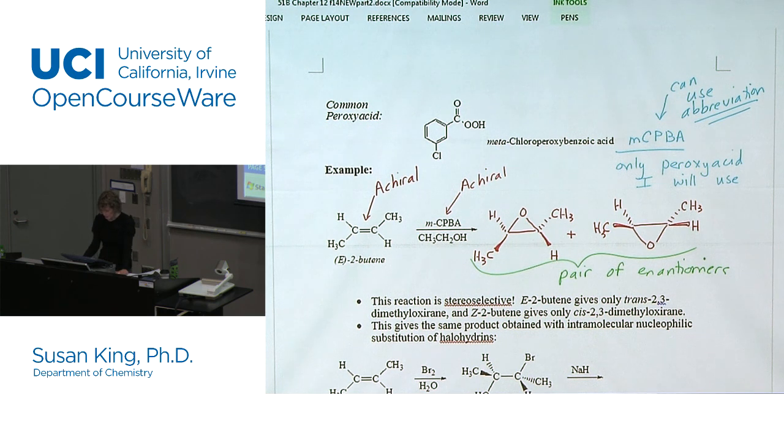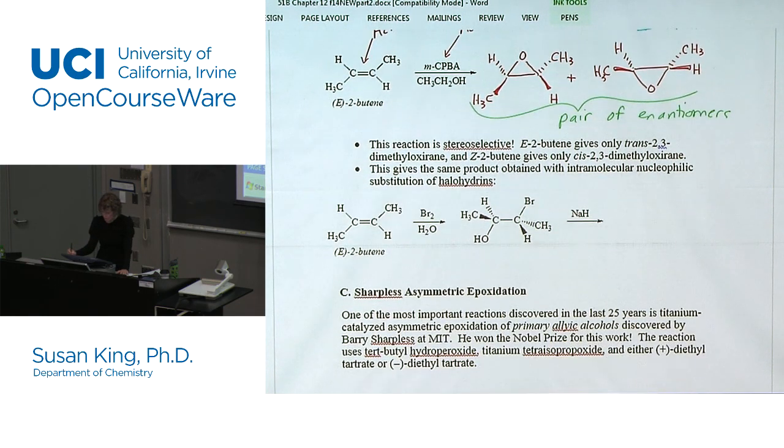The reaction is stereoselective. E-2-butene gives only trans-2,3-dimethyloxirane, and Z gives only cis. So we maintain the stereochemistry of these two methyl groups in the alkene. This gives exactly the same product that we get with our other way of making epoxides, which is to make a bromohydrin and then use sodium hydride.